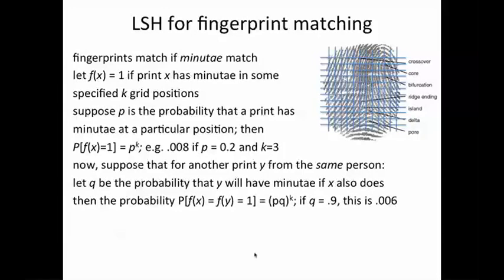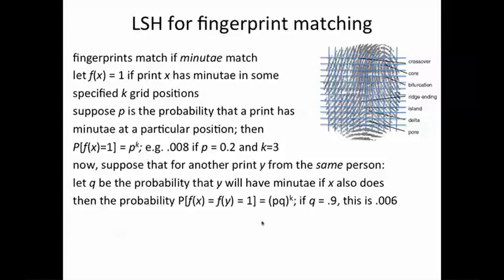What is the probability that f of x is 1 and f of y is also 1? Well, first of all, the probability that f of x is 1 is p to the k, so that needs to happen. But then the probability that y also has to have minutiae in the same k positions, so you multiply by q k times, so you get p q to the k.